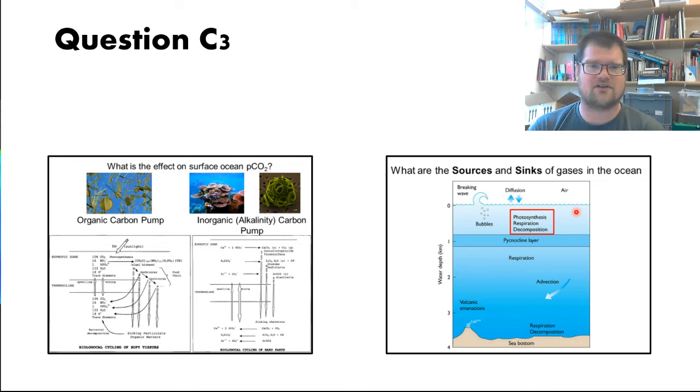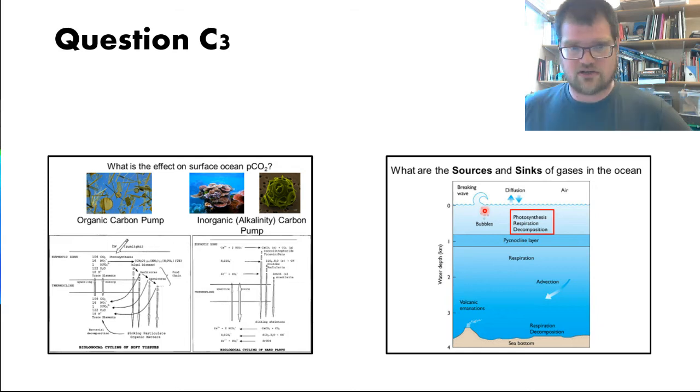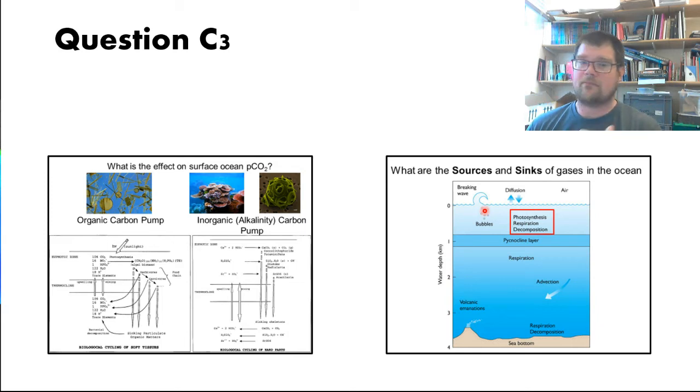That solubility constant depends on environmental parameters, temperature, salinity, those kinds of things, which would have formed part of your answer. Also, the efficiency of this exchange depends on the physical conditions at the ocean surface.